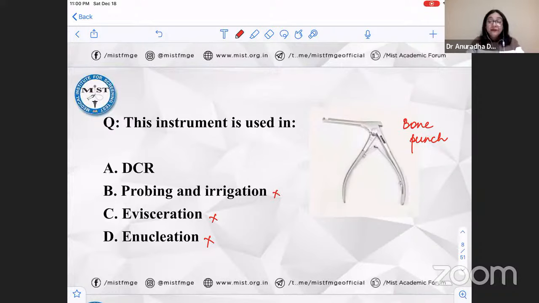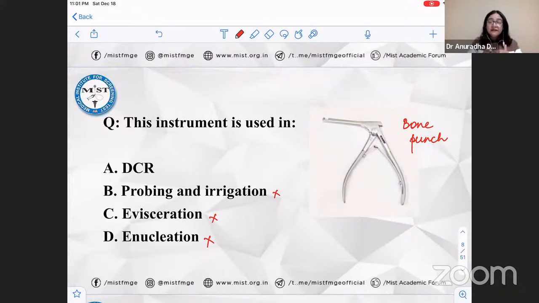Then DCR, yes. DCR is a procedure again done for nasolacrimal duct obstruction, either if it is congenital after the age of 4 years, or in adults when they have chronic dacryocystitis, which is causing infection again and again. So there we do the procedure of DCR.